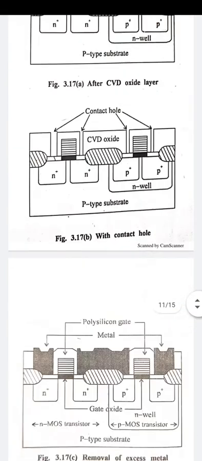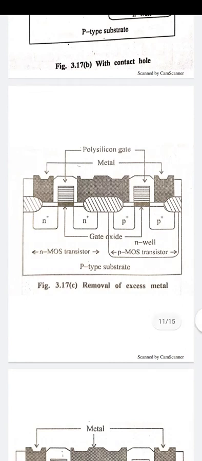After removal of the excess metal, this diagram shows that we cover the whole region with copper or metal and pattern it, and this creates the N-well CMOS process.